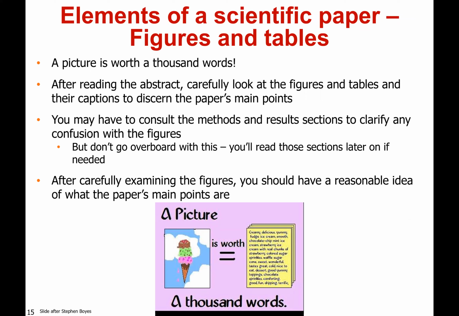That also depends on how interested you are in the results. If you want to just get the main point, maybe you don't need to. If you really want to understand the details of the paper, probably you need to refer to the methods and results. After going through the figures and understanding what's shown there, you should have a good idea of what the paper is about and what the conclusions are, what this paper adds to the body of scientific knowledge.